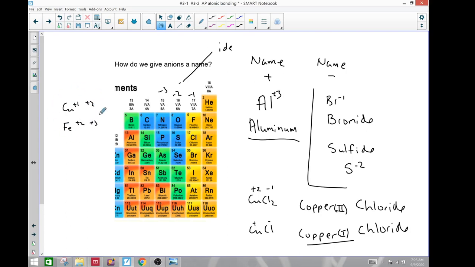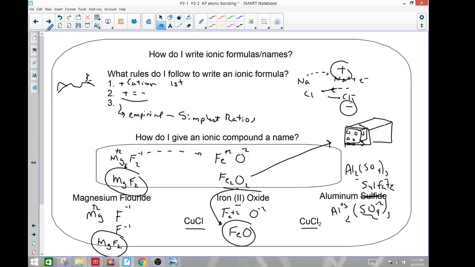This is probably the most common ones used. Are there other ones? Yeah, lead, for example, gold, +2, +4, pretty common, or somewhat common. All right, so this is how we're going to give these things names. Obviously, there's some practice sheets. You got to really be good at this. In order to breathe, you have to be able to do this stuff here in chemistry.